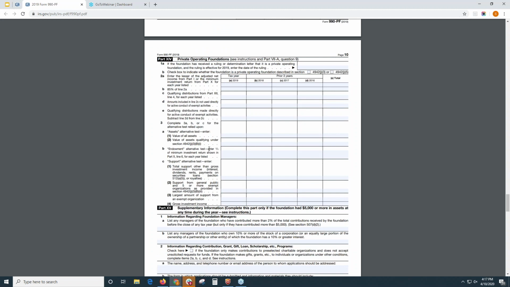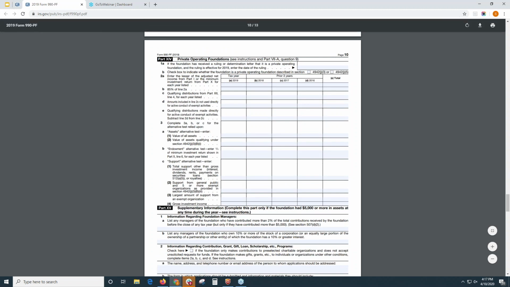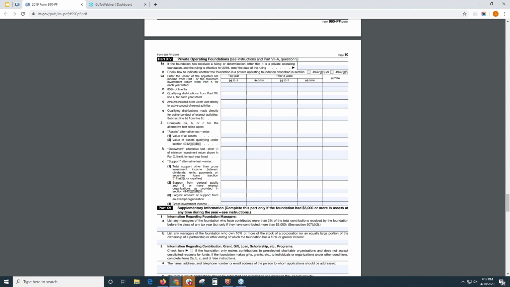And we'll move on down into Part 14, which is for private operating foundations. All organizations that claim the status of private operating foundations have to fill in this information here.